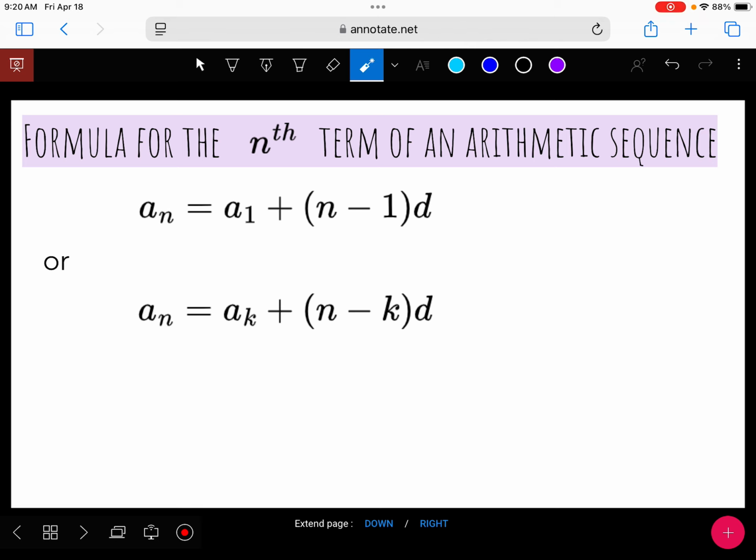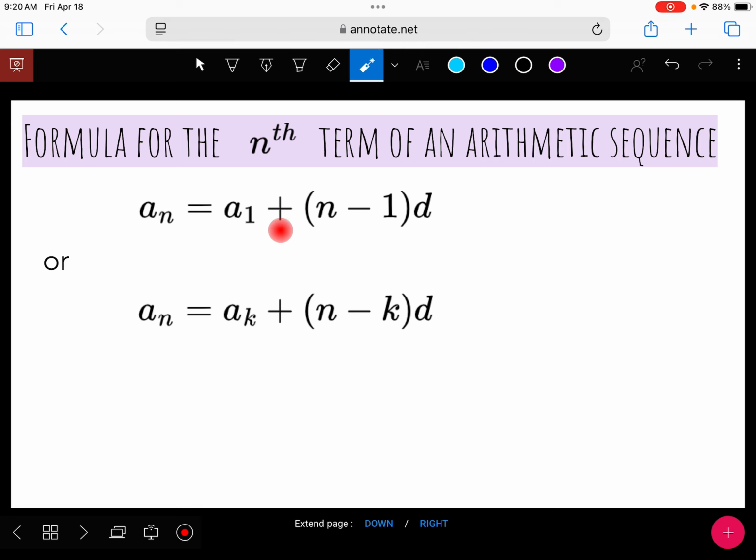So for arithmetic sequences, to be able to get any term in the sequence without having to fill in the whole kit and caboodle, we can get our a sub n. We have two options here. If we're given the first term, we love that.